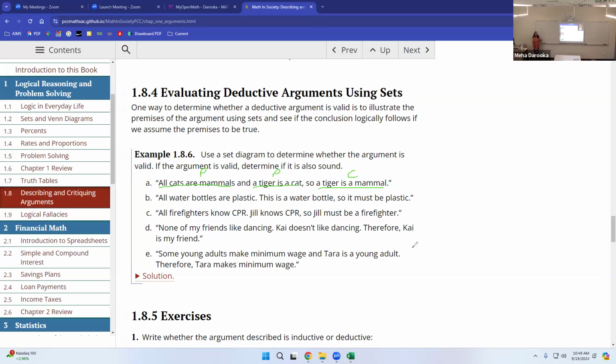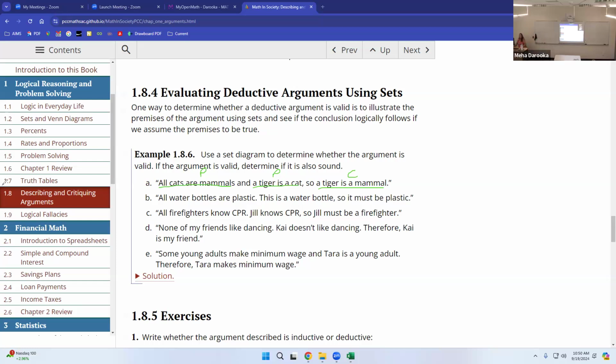So three circles? No, two circles only, because a tiger is a type of cat, so you don't really need a circle for a tiger. Tiger is going to be our point where we need to decide where to place it. So the two circles need to be mammals and cats, because there are other types of mammals that are not cats.